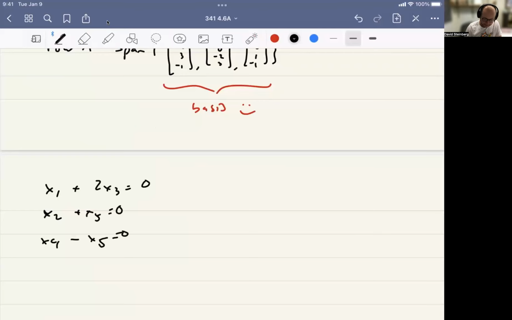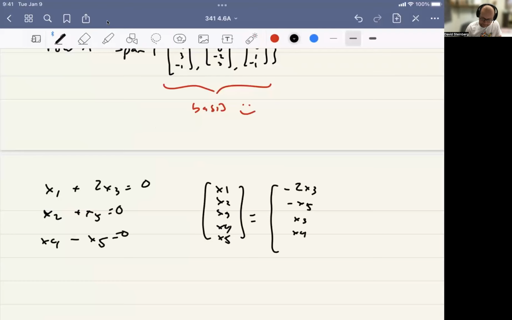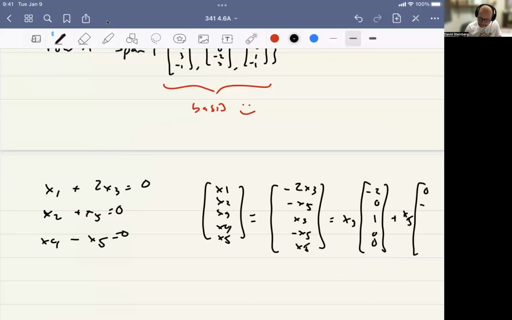And so we're getting that x1, x2, x3, x4, x5 is equal to minus 2x3 minus x5, x3, x4, where x4 is equal to minus x5. x5 is also free. So it looks like we're getting x3 coming with a -2, 0, 1, 0, 0, and x5 with 0, -1, 0, -1, 1.